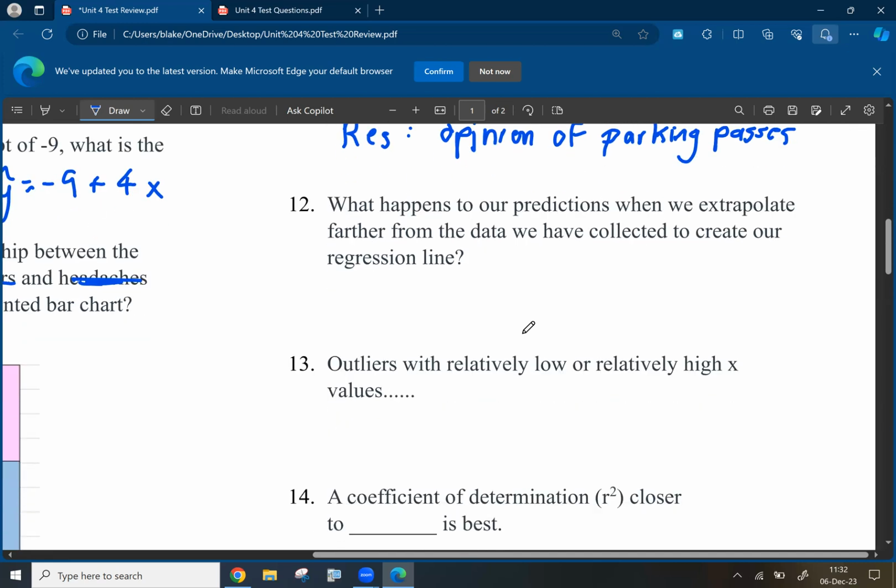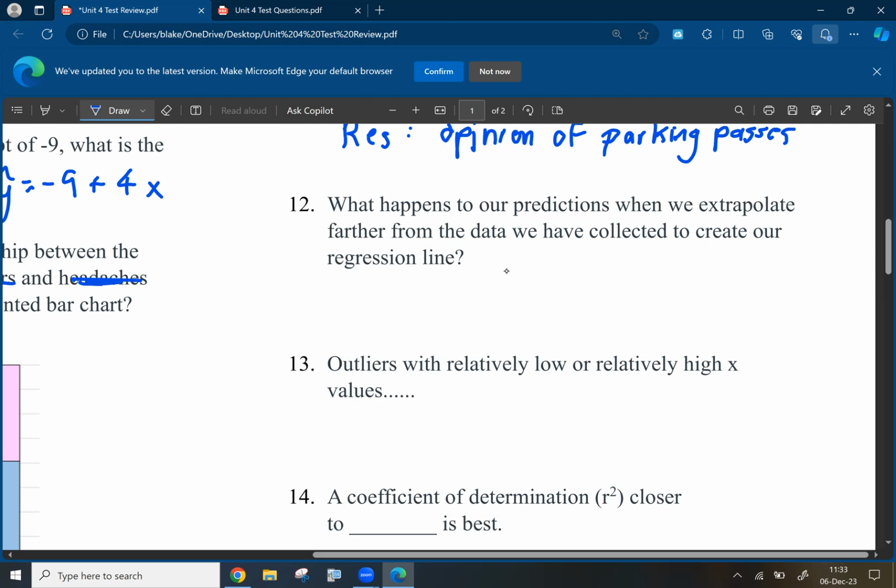Number 12, what happens to our predictions when we extrapolate farther from the data we collected to create our regression line? So if we extrapolate, our predictions become, I'm just drawing a blank.